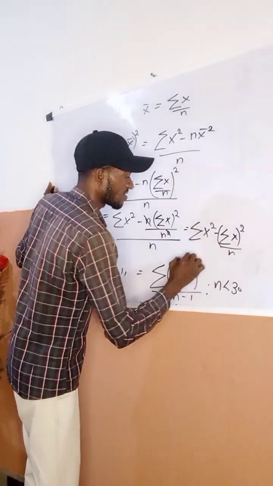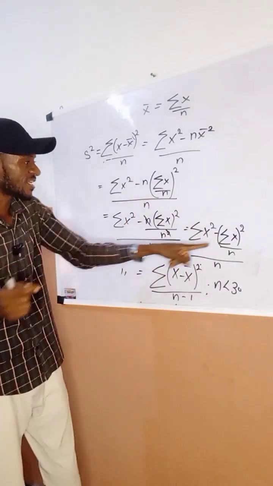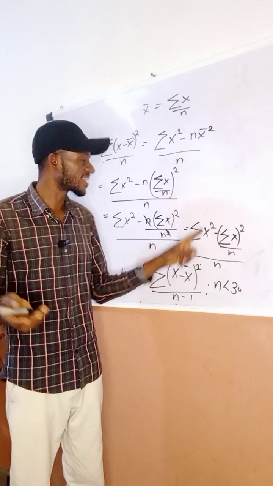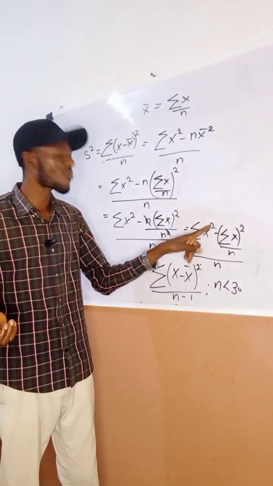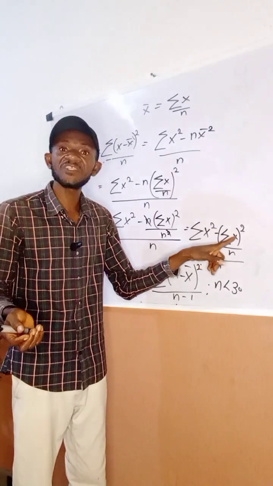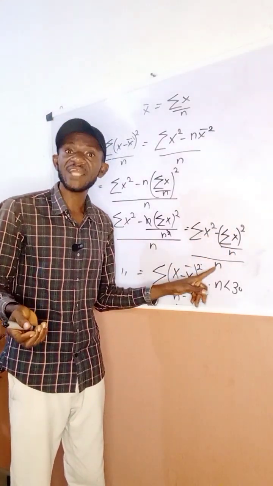This is what we are going to use, and we call this the computational formula. The reason is that in this one, we just need to square all the observations, sum all the observations and square the sum, and divide by n.